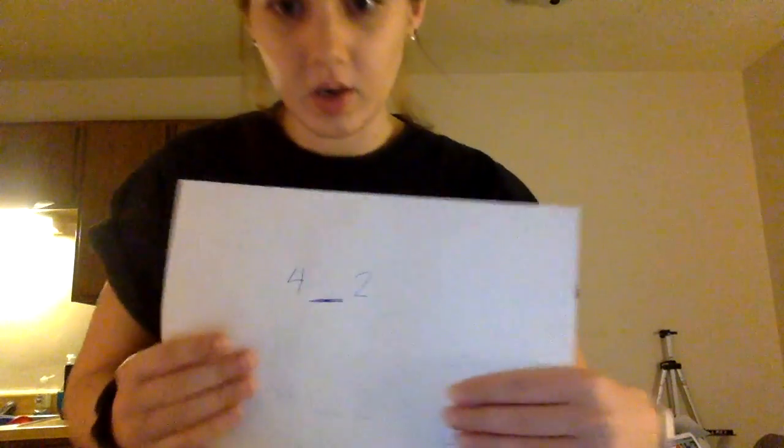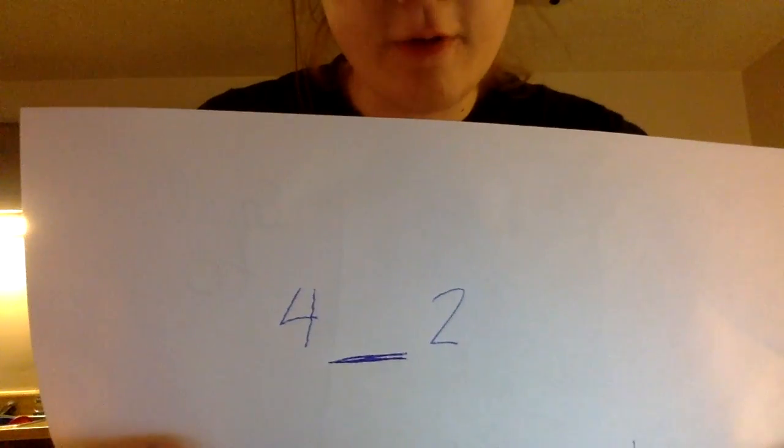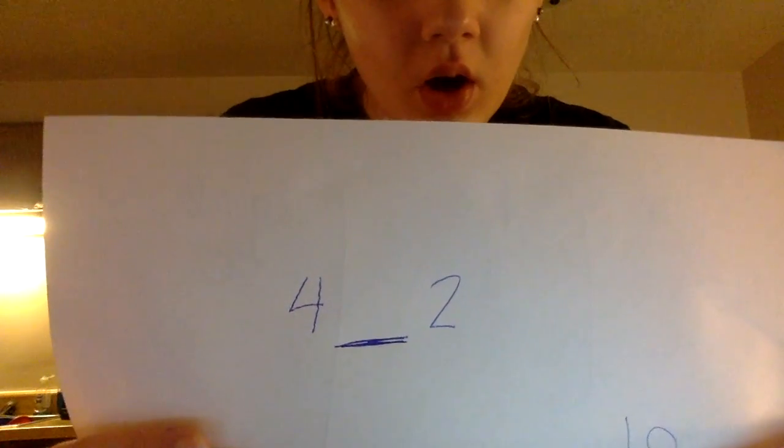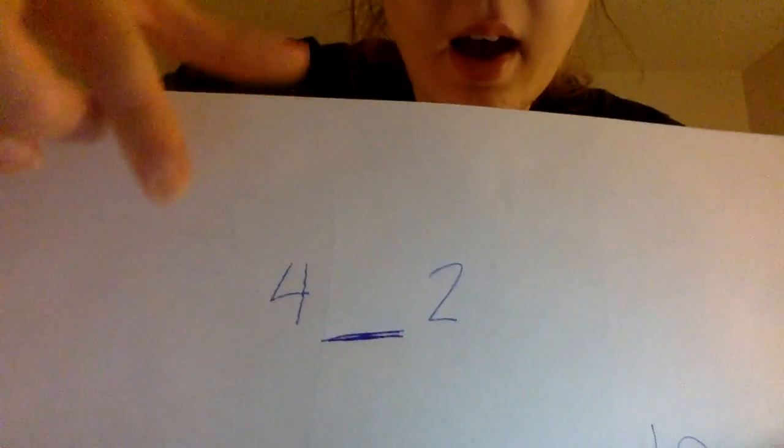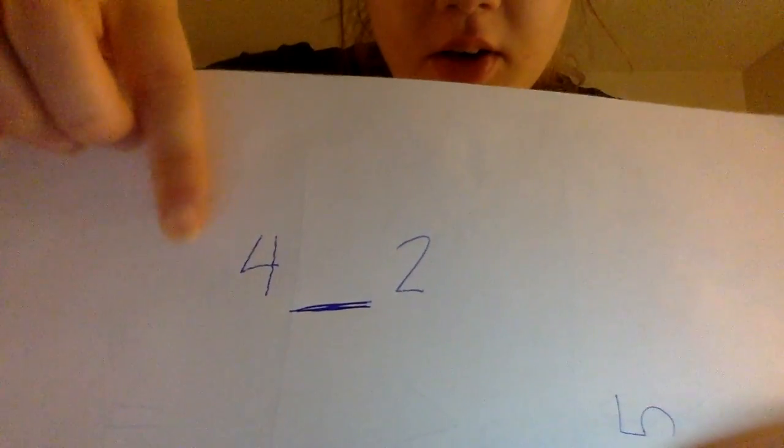So next, I'm going to have some numbers up on the board, and we are going to practice using greater than, less than, or equal to symbols. So this first one I have here, we have 4 and 2. So looking at these 2 numbers, I can see that 4 is the bigger number.